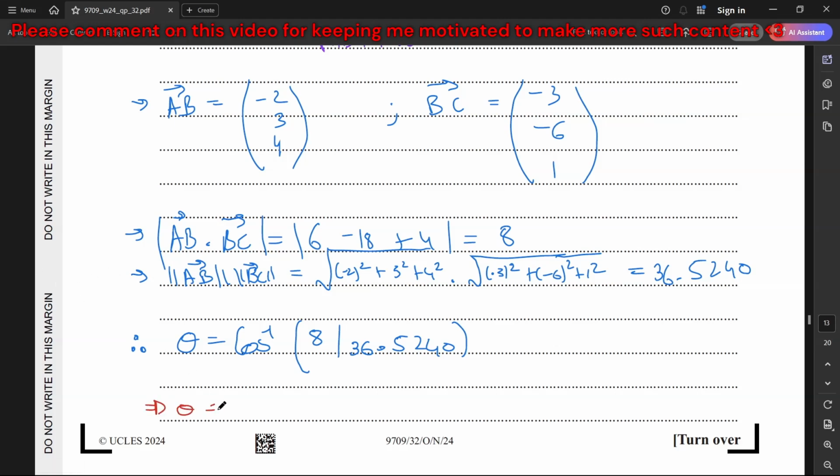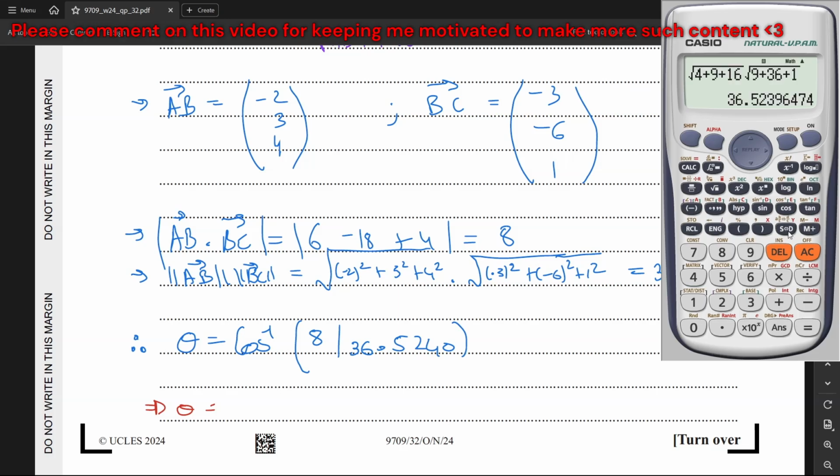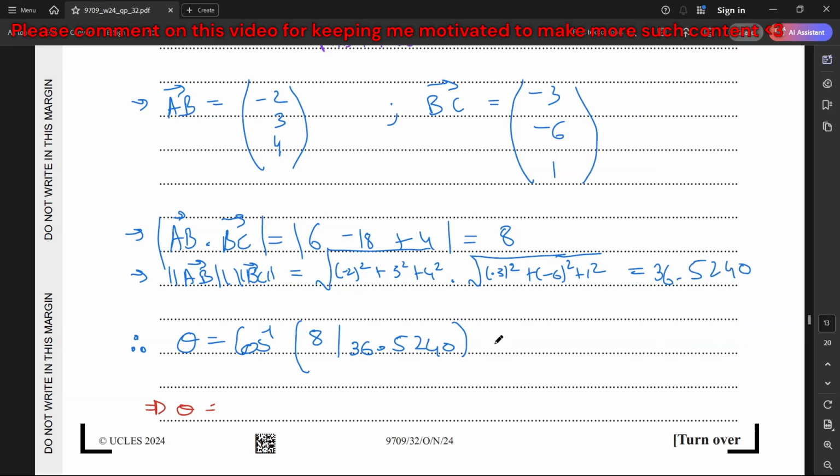Now I need to be in my degrees mode, so shift mode, degrees, and now cos inverse of 8 by 36.5240, and this comes out to be around 77.3 degrees correct to 1 decimal place.